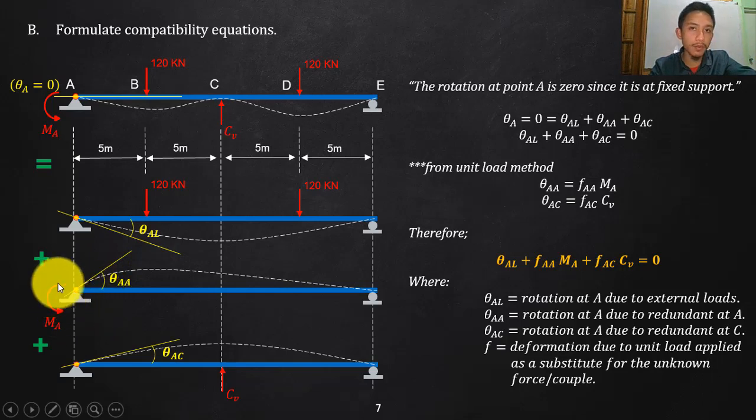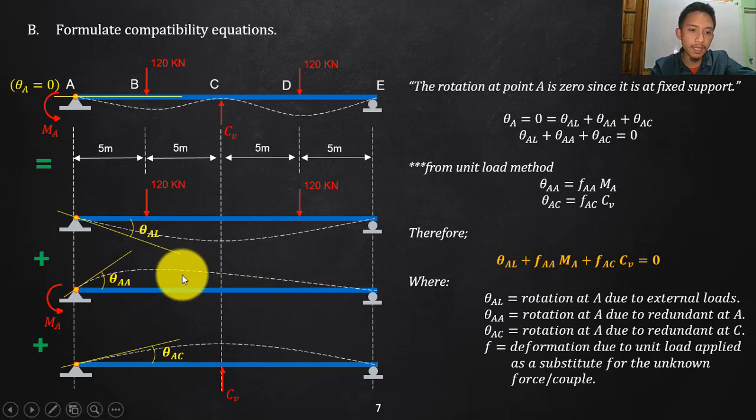So if you try to put it here, this will be the effect. For example, we do not know the moment there, so I will just assume that that will be the direction of my moment. If that is the direction of my moment, then that could be the deflected beam.